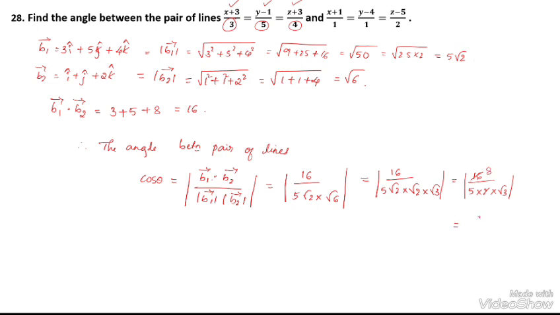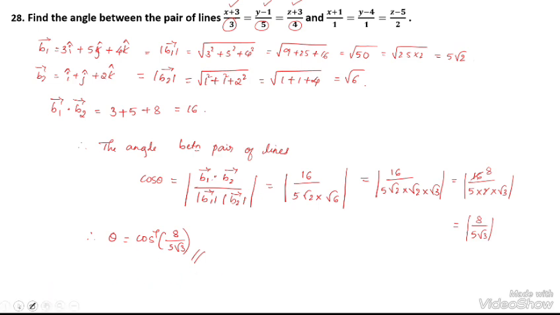Then 8 divided by 5 root 3. Therefore, the angle theta is equal to cos inverse of 8 divided by 5 root 3. This is the angle between the pair of lines.